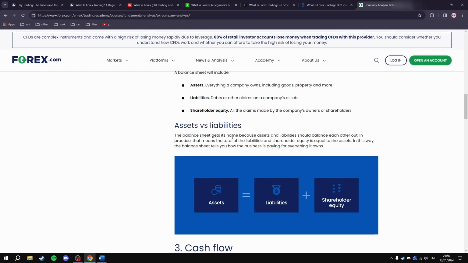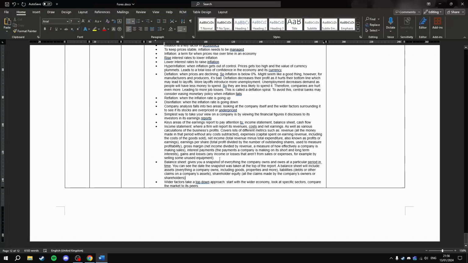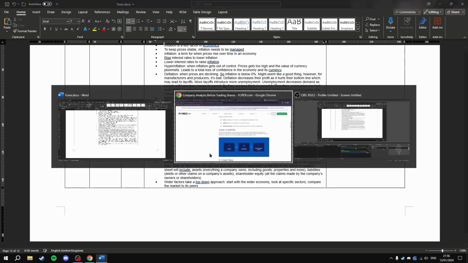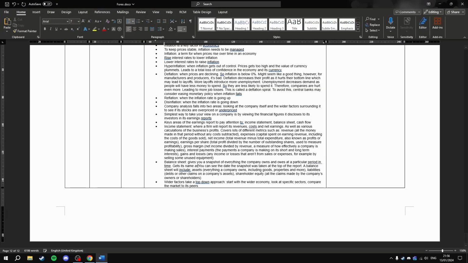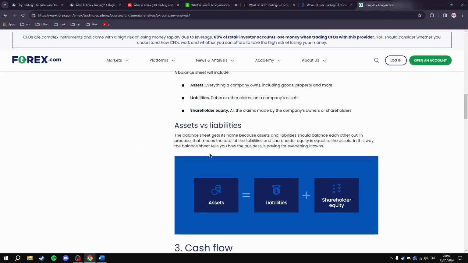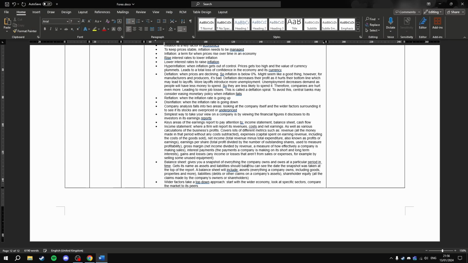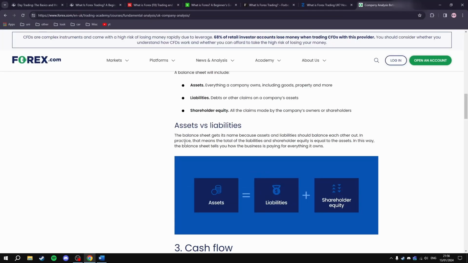The balance sheet gets its name because assets and liabilities should balance each other out. In practice, that means the total of the liabilities and shareholder equity is equal to assets.